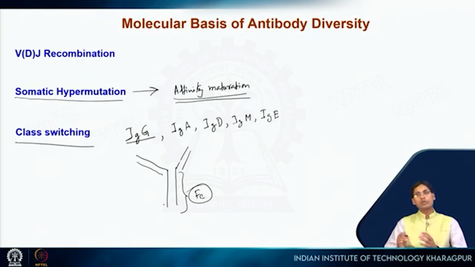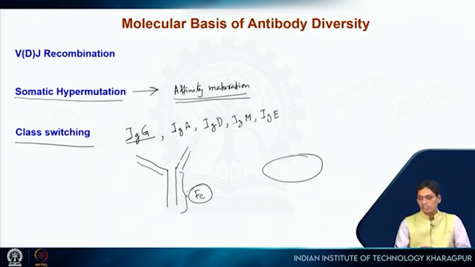I'm not going into molecular details, but that step is called class switching, and that will bring diverse types of effector function. Effector function means what happens when this antibody binds to antigen. For example, say the antibody is against some bacterial protein present on the surface of bacteria.